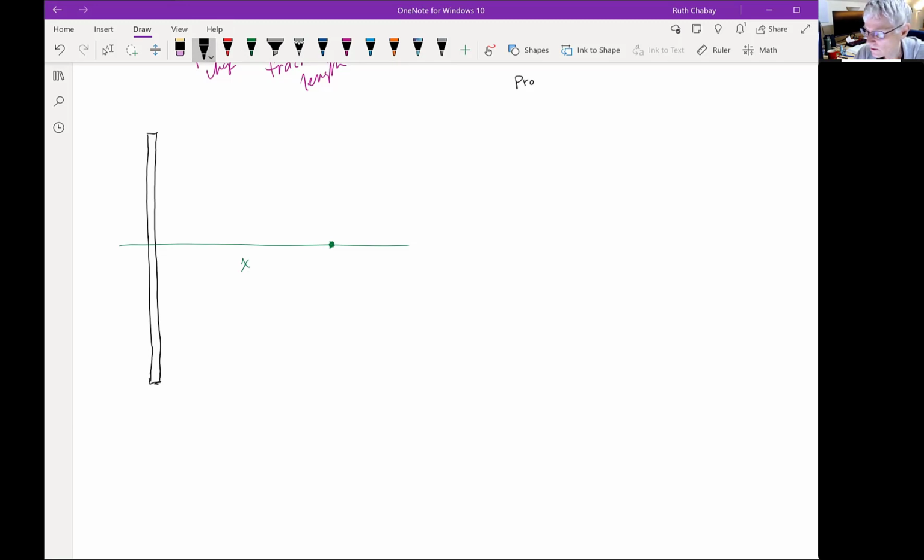So the procedure is: divide your source into pieces. And then you want an algebraic expression for the contribution of one piece, so delta E of one piece.